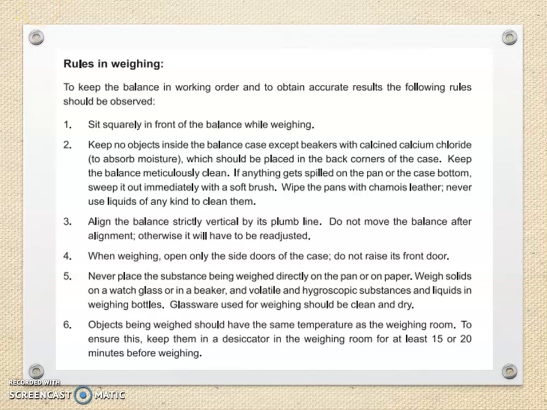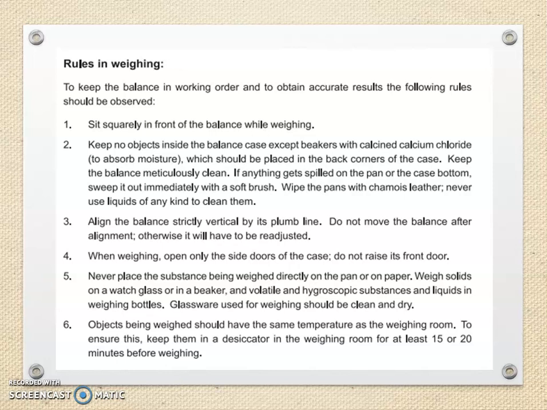Now, rules in weighing. To keep the balance in working order and to obtain accurate results, the following rules should be observed. First, sit squarely in front of the balance while weighing. Next rule, keep no object inside the balance case except a beaker with calcined calcium chloride, which should be placed in the back corner of the case.